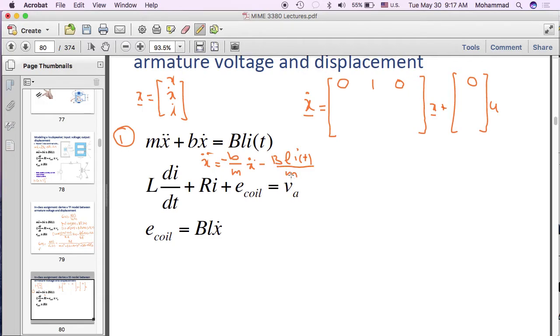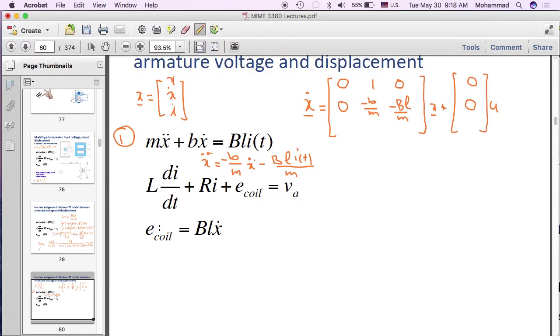So we need to just reflect this story here. There is no x here, so this is 0. Minus b over m gets multiplied by x dot, and minus capital B times L over M gets multiplied by I. Do you see a voltage in this equation? Therefore, it's going to stay 0.